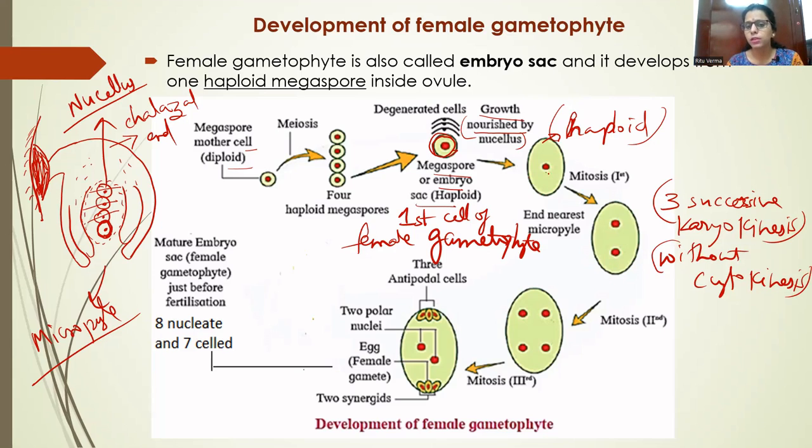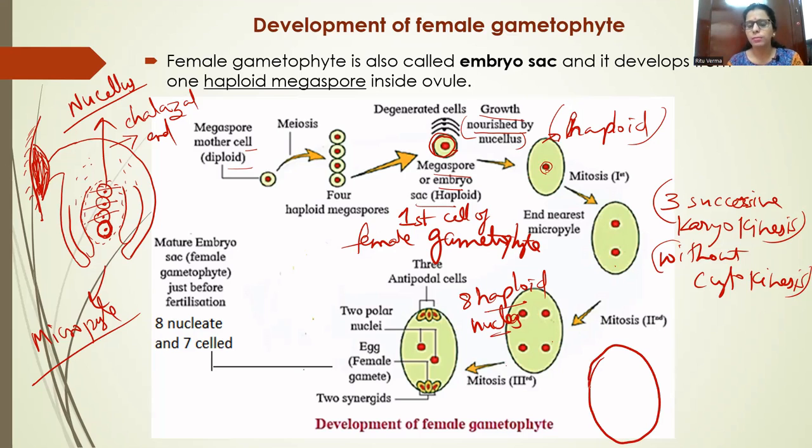After three continuous mitotic divisions, this haploid nucleus finally forms 8 nuclei. How many will it form? It will produce 8 haploid nuclei. The first nucleus, after the first mitosis, produces 2, these 2 produce 4, and these 4 haploid nuclei, after undergoing mitosis again, produce 8 haploid nuclei.